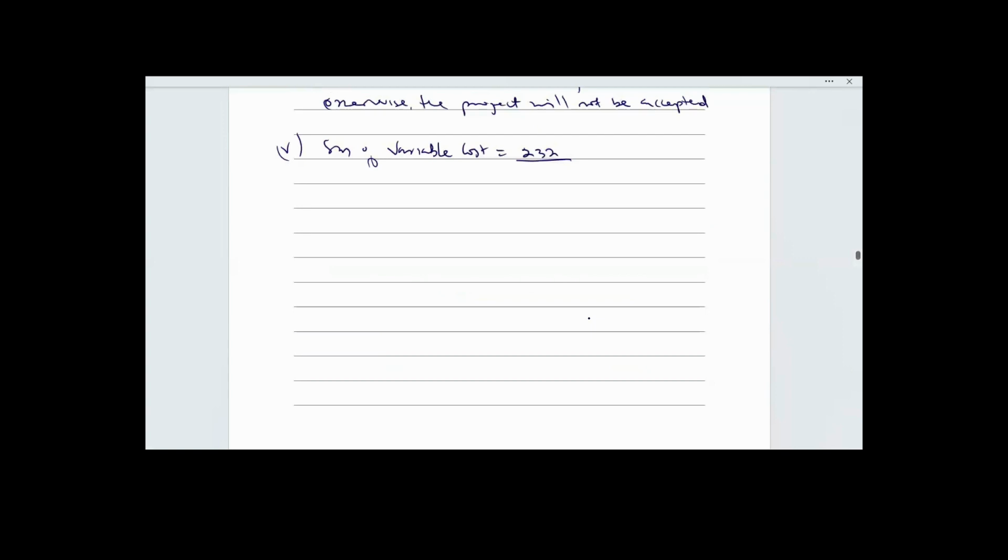So 232 divided by 20,127 multiplied by 100 over 1 equals 1.15%. So that's our sensitivity margin of variable costs.